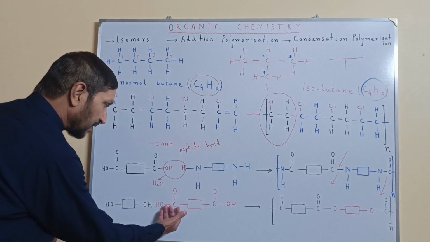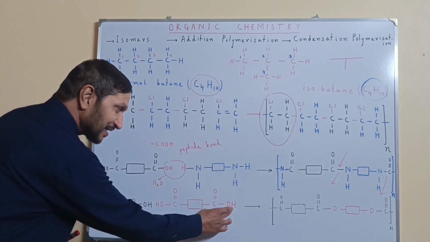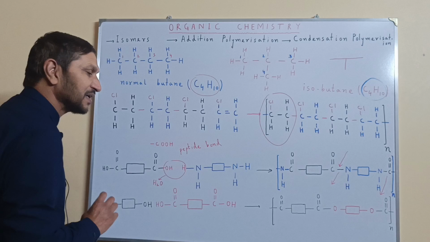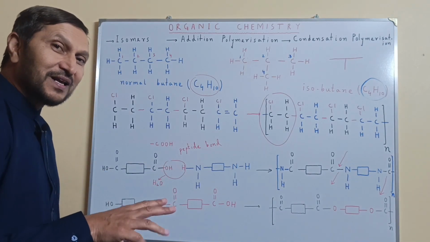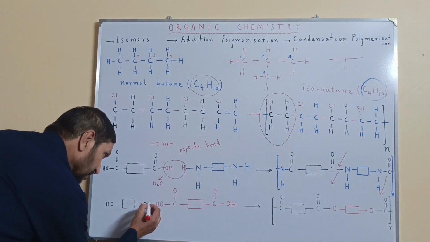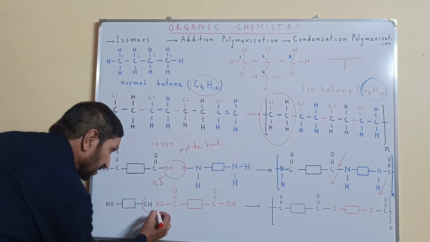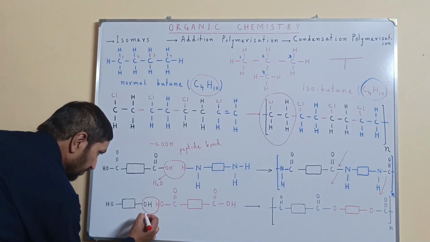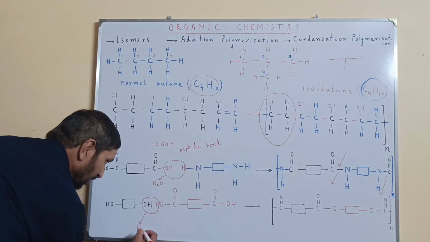And here why is it called dicarboxylic acid? Because on the right side it is carboxylic acid and on the left side it is carboxylic acid. Now we are combining these two different monomers. When we combine them, OH from here and H from here will be removed, and once again it will form a simple molecule, water.